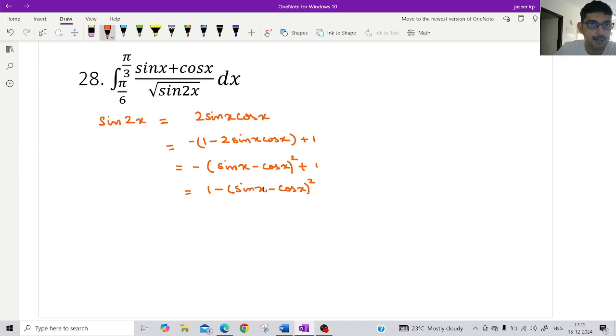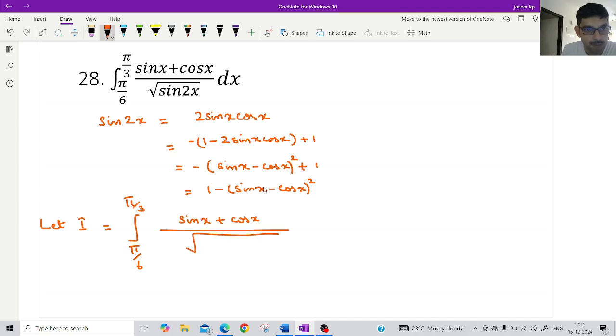Now we will write this in the integrand. Let I equal to the integral from pi by 6 to pi by 3 of sin x plus cos x divided by square root of 1 minus sin x minus cos x whole square.